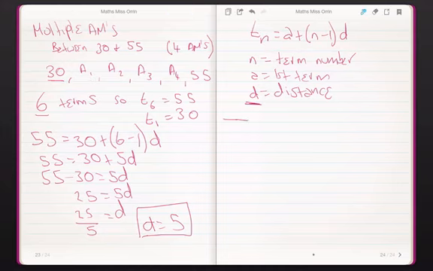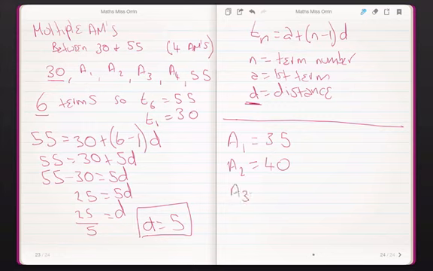So let's come over to this other page. Arithmetic mean 1 must be 35, right? Because we're just going to add 5 to 30. A2 is 40, because we're just going to add 5 every time. A3 is 45. A4 is 50. And the next number should be 55, which it is, thankfully.